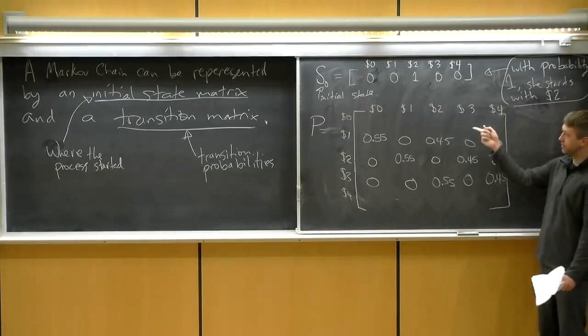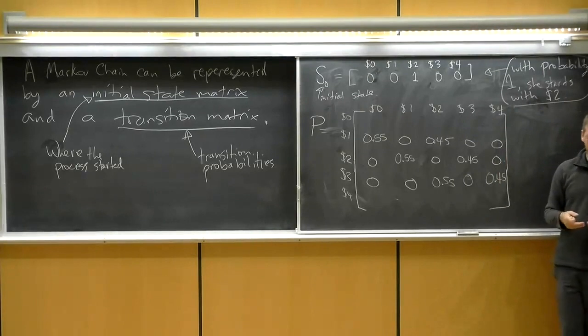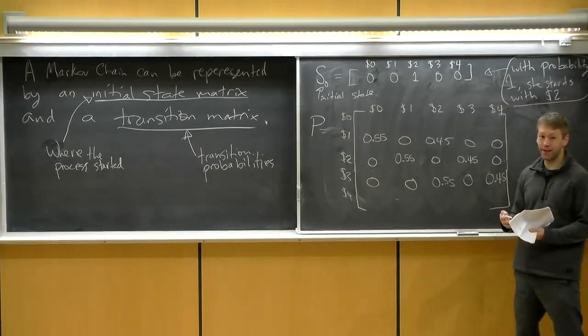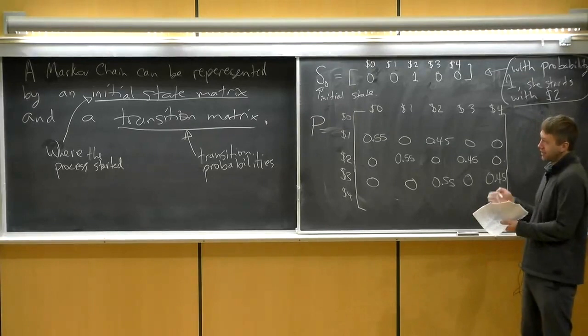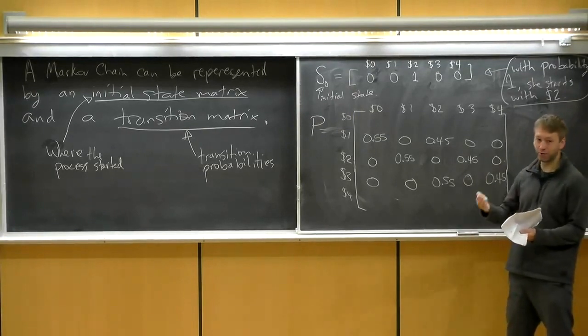There's something a bit weird about $0 though, right? Because if at any point she ends up with $0, she doesn't play anymore. So if she has $0, she's going to stay with $0 forever.